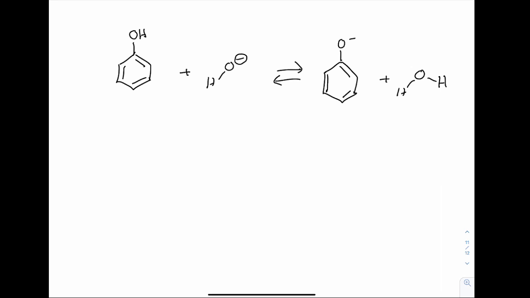Until you can just look at this and say, oh, that's obviously the conjugate base, I would label them, so when you're writing your explanations, you're not going to goof up. So this is my acid, this is its conjugate base, and then this is my base, this is my conjugate acid.